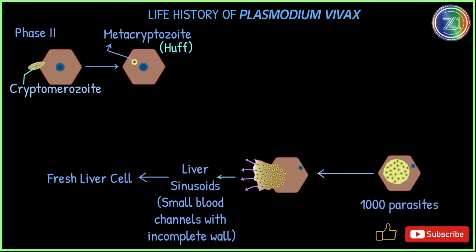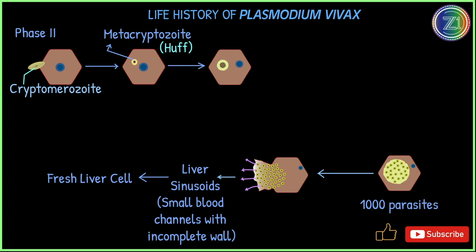Now this metacryptozoite, same as previously discussed, has a nucleus, and it is going to feed on the cytoplasm and become rounded in structure.